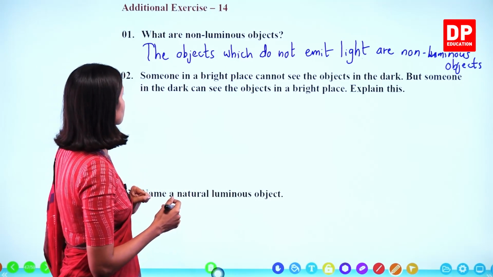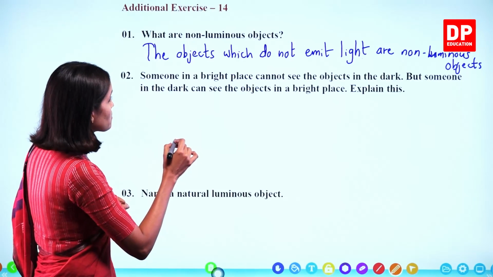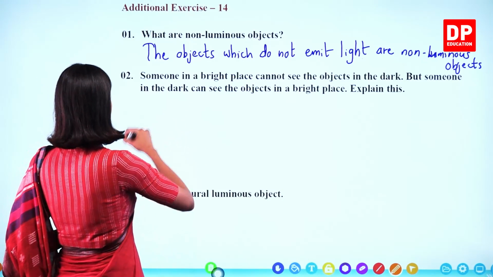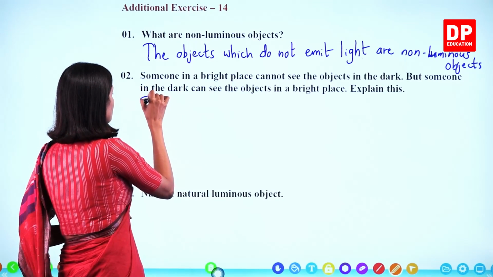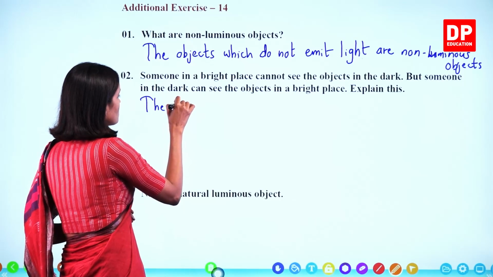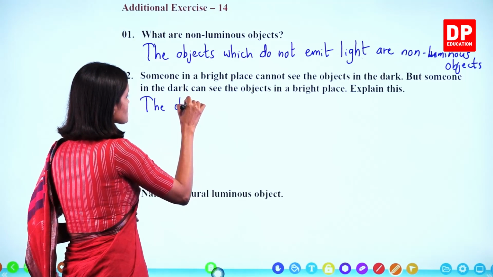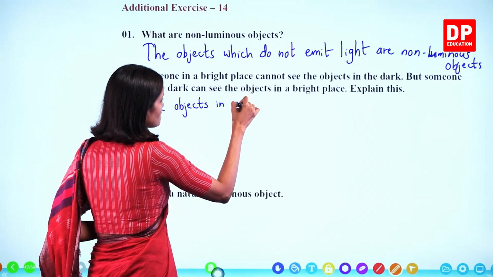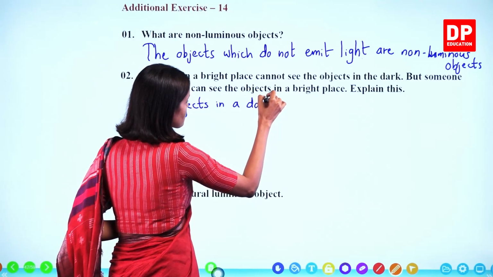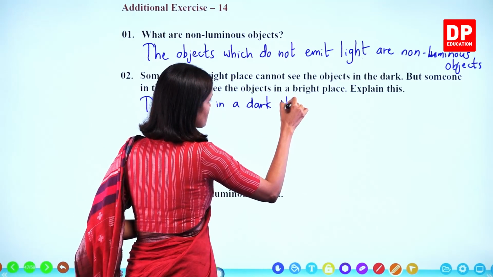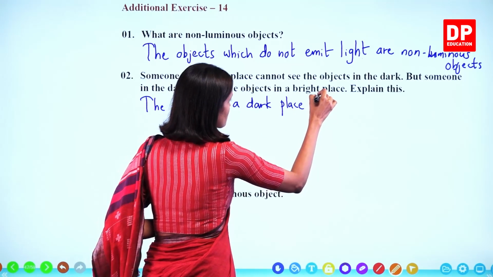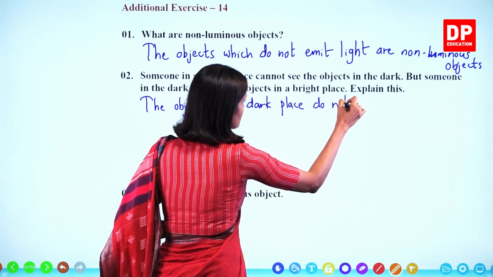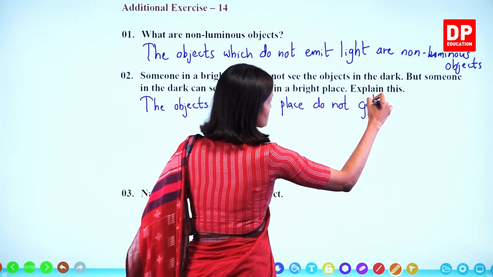We will write. Someone in a bright place cannot see the objects in the dark. The objects in a dark place do not get light.